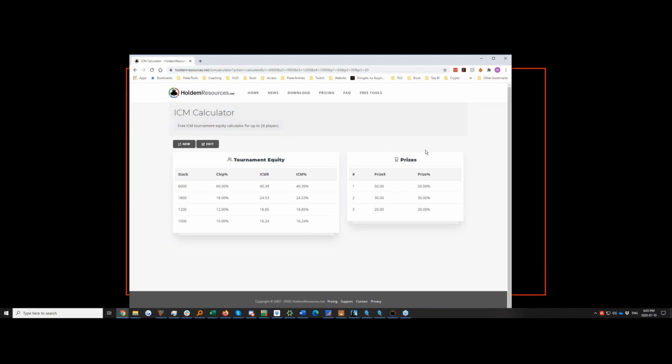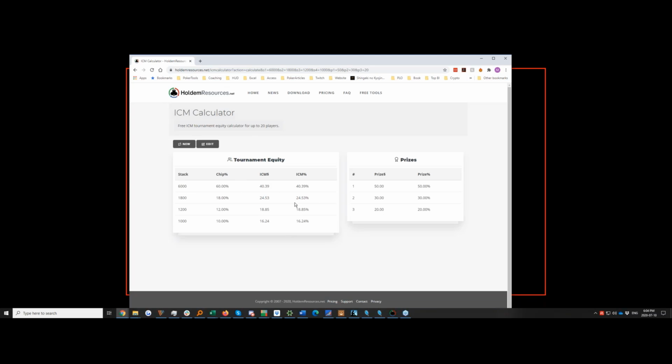But given the ICM model, what this calculator does is simulate, based on the players' chip stacks, the likelihood that they end up in a certain position, assigns some weights, and then gives the estimated dollar value to each one of the players' stacks.